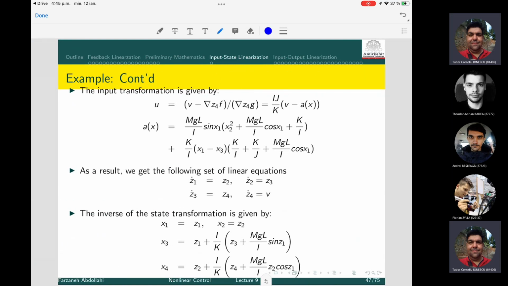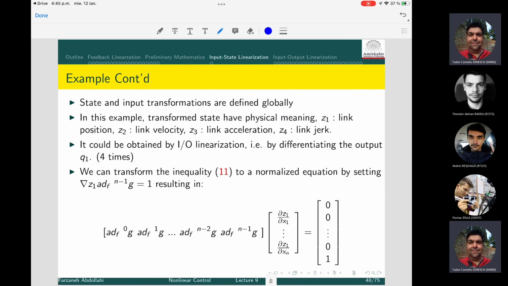The input transformation, alpha and beta. And as a result, what do you get in closed loop? You get this very simple system, and you also need to compute the inverse transformation, which is this one. So this is an example of how to apply the input-to-state linearization algorithm on a system.